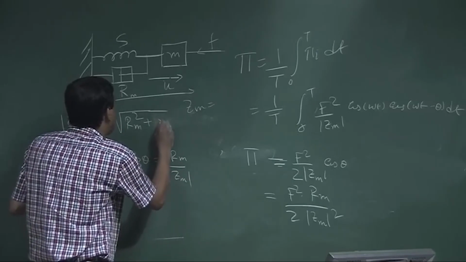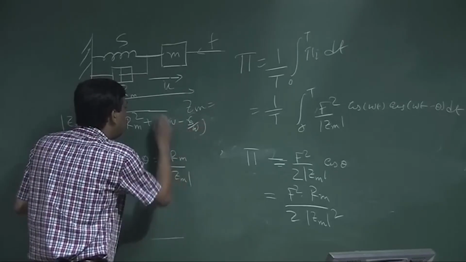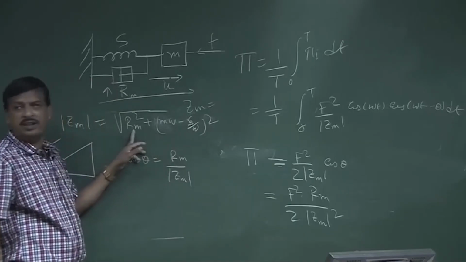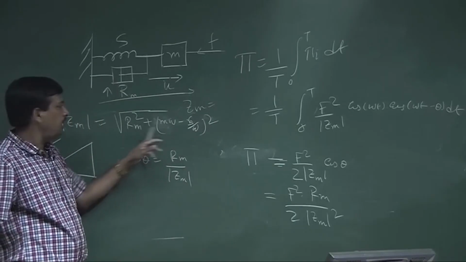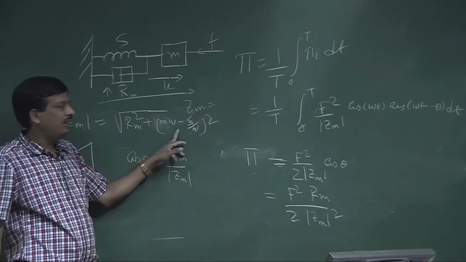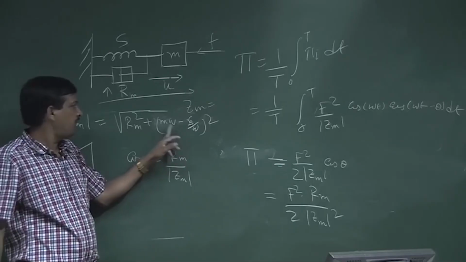What is mod of Zm? Root over of Rm square plus m omega minus s by omega whole square. This term Rm I cannot minimize. So, if the second term is equal to 0, then I can say Zm is minimized. It is a term of omega.